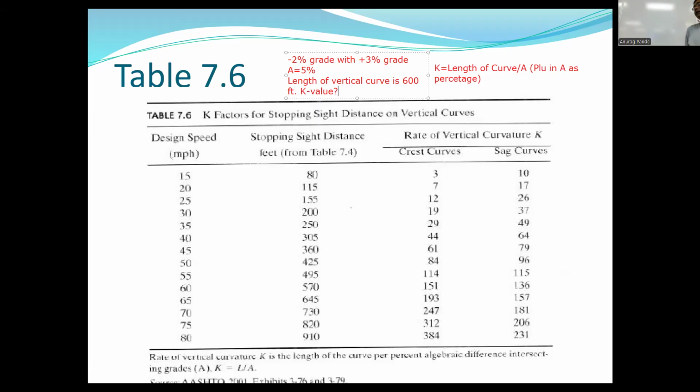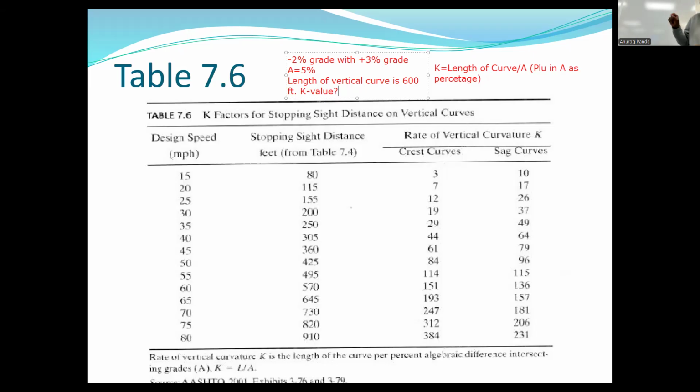And if the length of a vertical curve is 600 feet, what would you think is the K value for that curve? It's going to be 600 divided by 5. That'll be 120, right? So if you're using 600 feet to change the grade by 5%, you're using 120 feet to change the grade by just 1%.